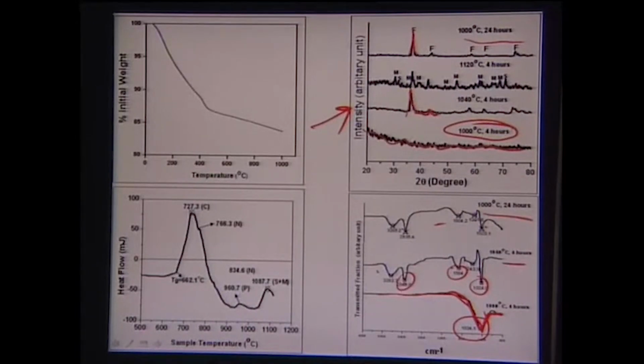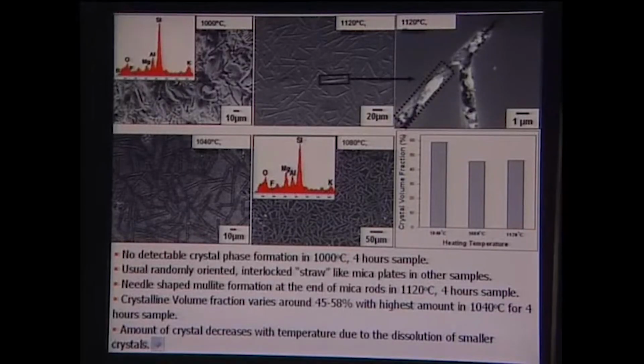Now, this is the microstructure that was generated after heat treatment at different temperatures for a constant time of 4 hours. Initially, at 1000 degrees Celsius for 4 hours, this is the amorphous matrix. Now, at 1120 for 4 hours, what you see here are randomly oriented crystals, or interlocking crystals. One crystal is going like this, another crystal is going like that.